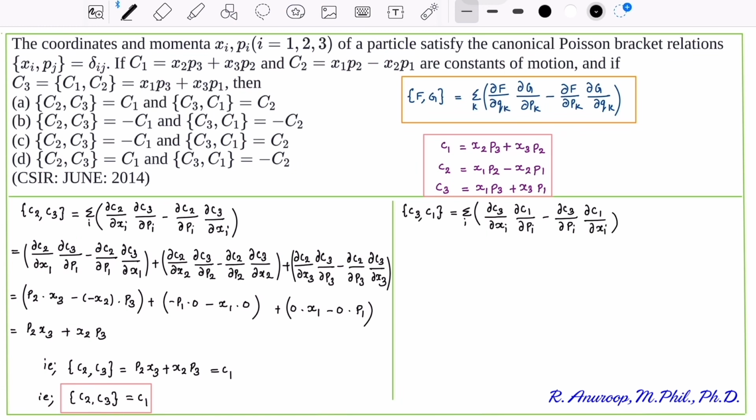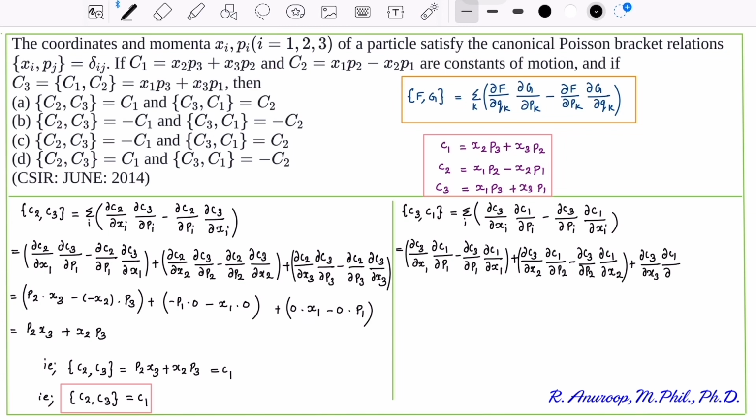That is equal to dou c3 by dou x1, dou c1 by dou p1, minus dou c3 by dou p1, dou c1 by dou x1, plus dou c3 by dou x2, dou c1 by dou p2, minus dou c3 by dou p2, dou c1 by dou x2, plus dou c3 by dou x3, dou c1 by dou p3, minus dou c3 by dou p3, dou c1 by dou x3. Now let us find out these terms.